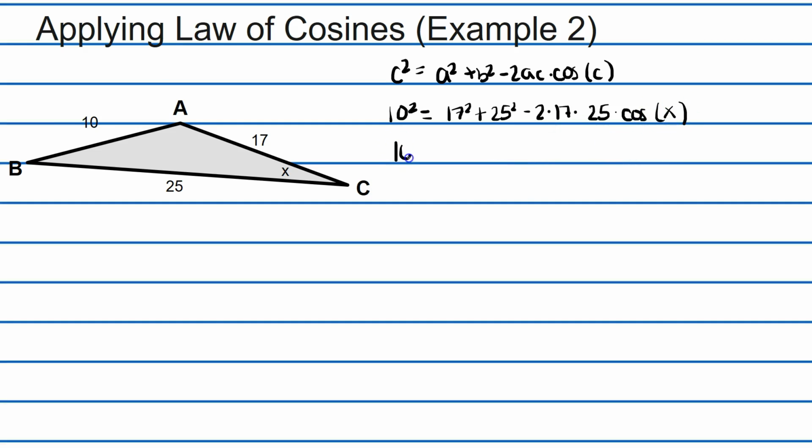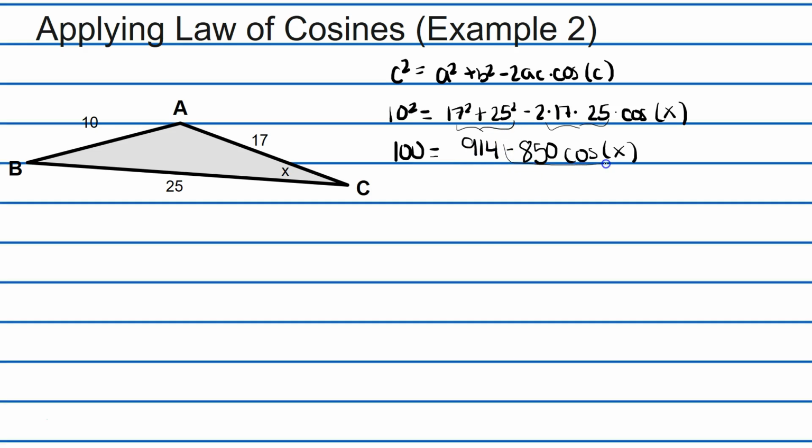So then we have 100 is equal to, and let's chunk this up right here, and that is 914 minus, we multiply these numbers separately, 850 cosine of x.